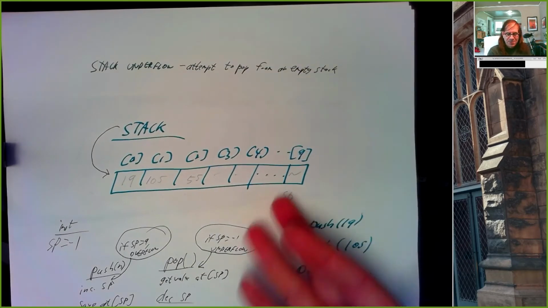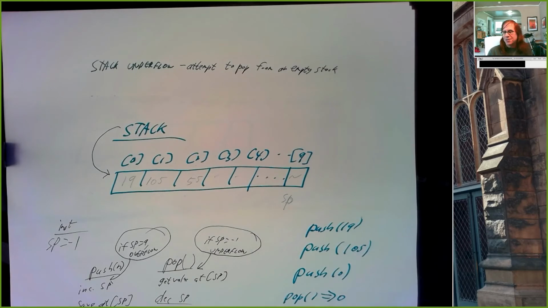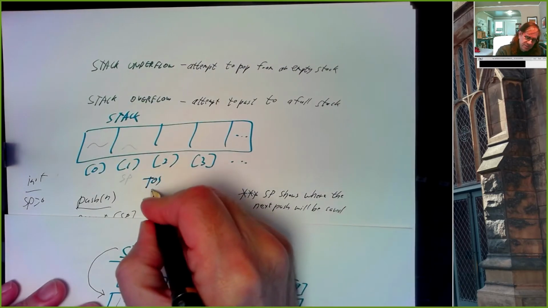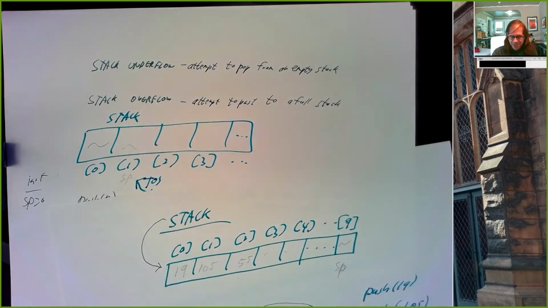All right, so SP is the stack pointer, and all stacks have a stack pointer. Whether it indicates the last place that you pushed or the place you're about to push depends on the implementation. And then top of stack is basically the same as stack pointer. Again, it could point to the last thing that was pushed, or it could point to the next location you're going to push.